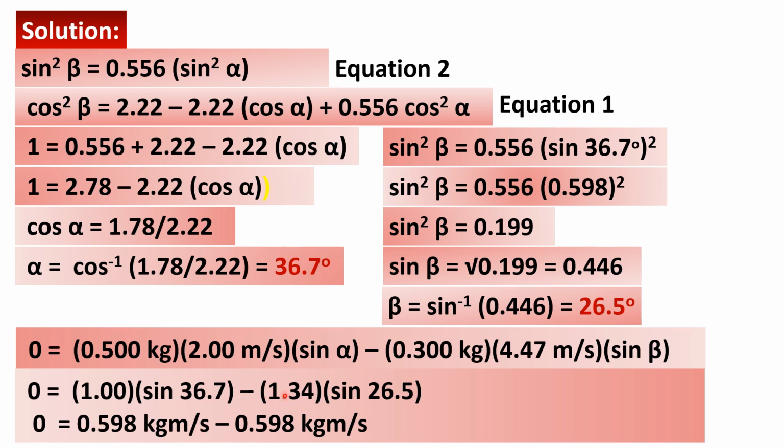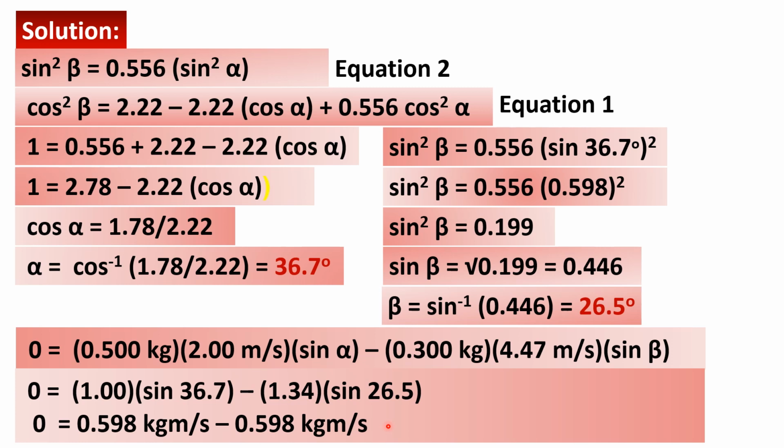And then for the y component downward or along the negative y axis, we also get 0.598 kilogram meter per second. In other words, when you subtract them, all right, what we get is 0. So that validates our conservation of momentum, the law of conservation of momentum as applied to the y component.